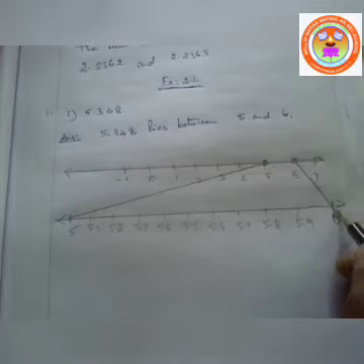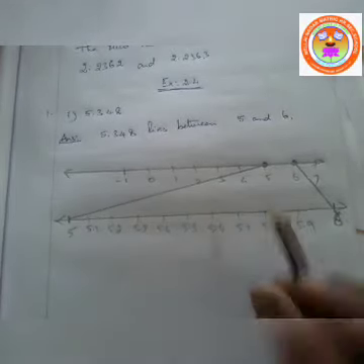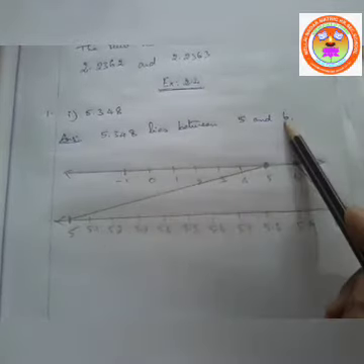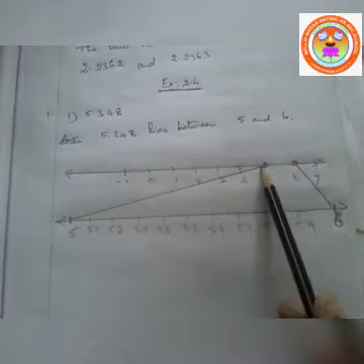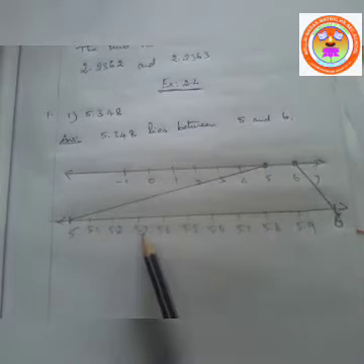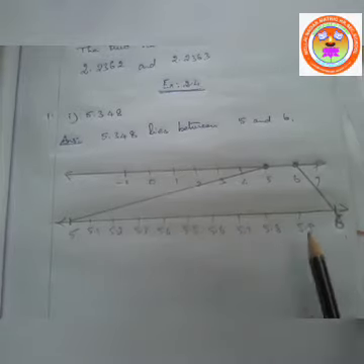Then after 5.9 it will come as 6. Are you able to understand this? This 5.348 lies between 5 and 6. So in the number line I have expanded this 5 and 6 as 5.1, 5.2, 5.3, 5.4, 5.5, 5.6, 5.7, 5.8, 5.9 and 6. Are you agree with this?